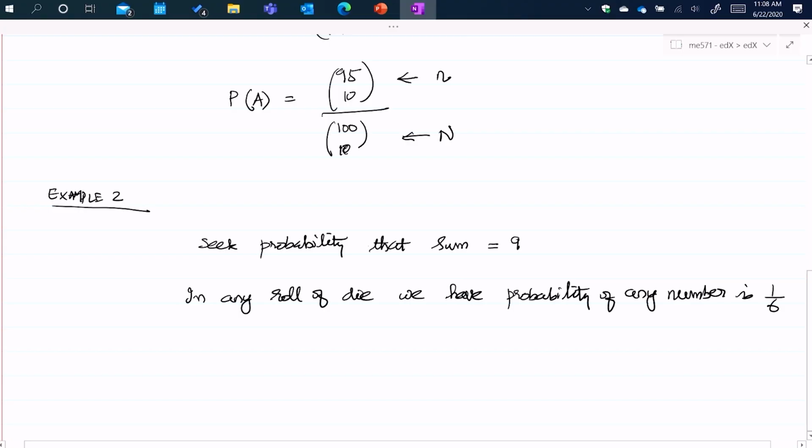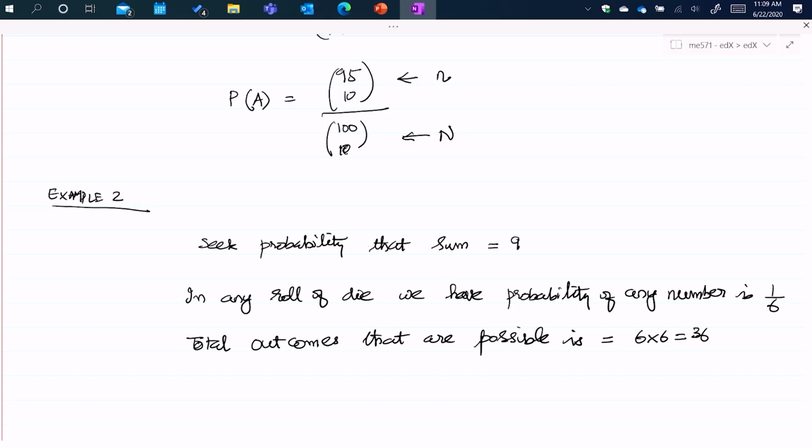So the total number of outcomes that are possible is 6 times 6, which is equal to 36. Those are all the total number of outcomes that are possible.